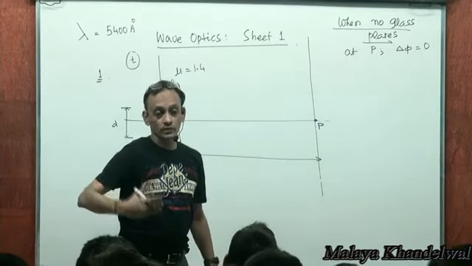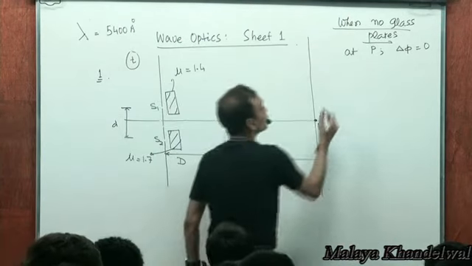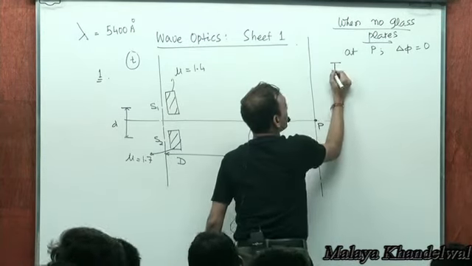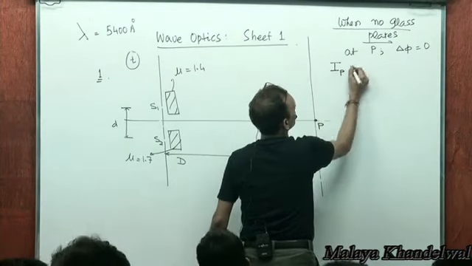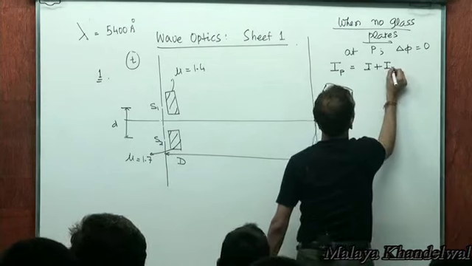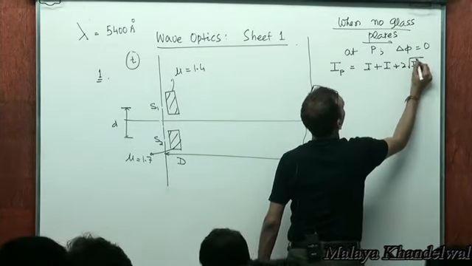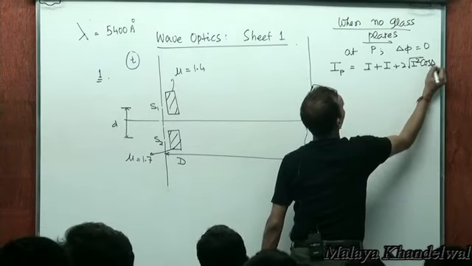Isn't it? Phase difference was 0 without the glass plates. The intensity then at P would have been the intensity coming from S1 plus intensity coming from S2 plus 2 root I squared cos delta phi.